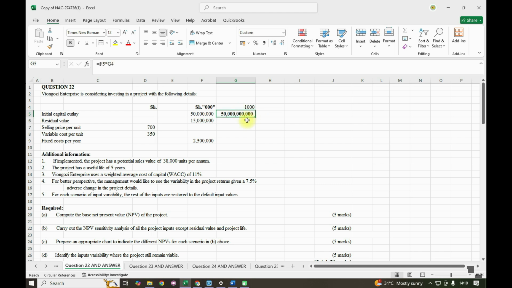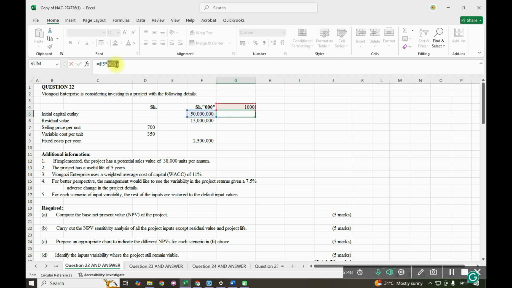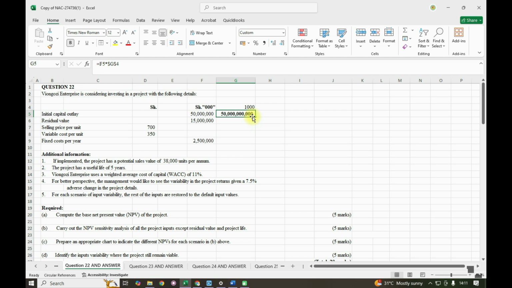Then this one. So assuming I lock this, I autofill this that way. So that is our values without having 1000.